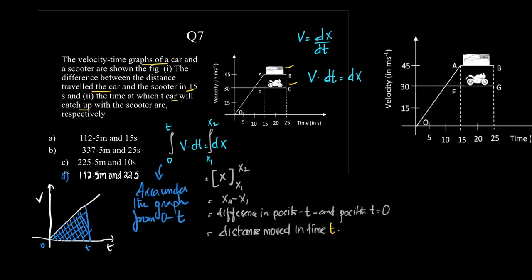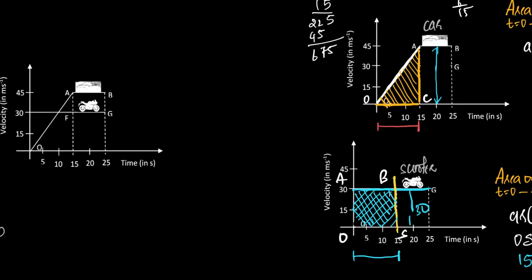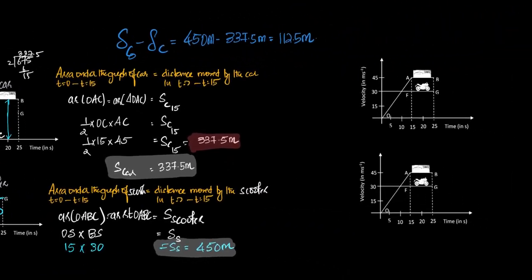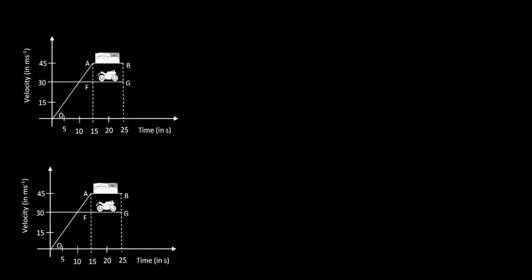Okay, let us come to the options. There are two options which say 112.5. Now we need to find out the rest, which is the time at which the car will catch up with the scooter. How do we do that? I'll give you a detailed explanation on that too.